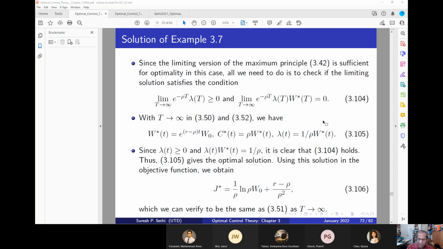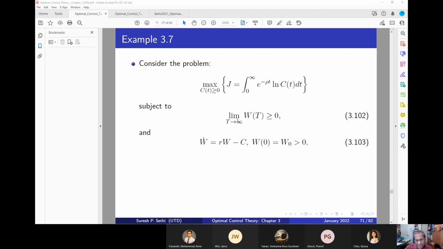Because for a finite horizon problem, if I give you this condition, then I will consume a little bit more than interest, in such a way that I will consume a little bit of W0 every time, until the wealth at time t becomes 0.